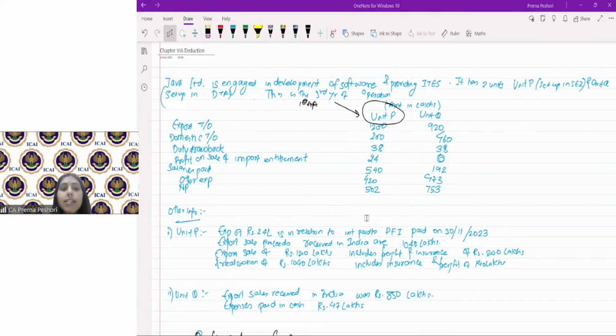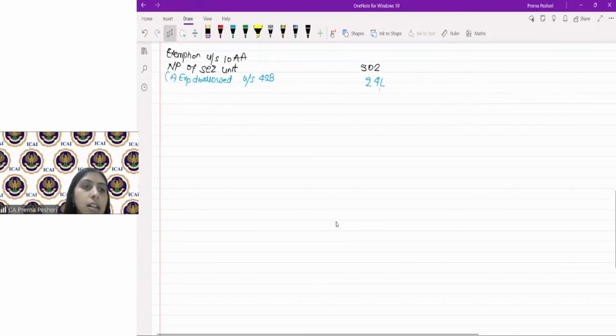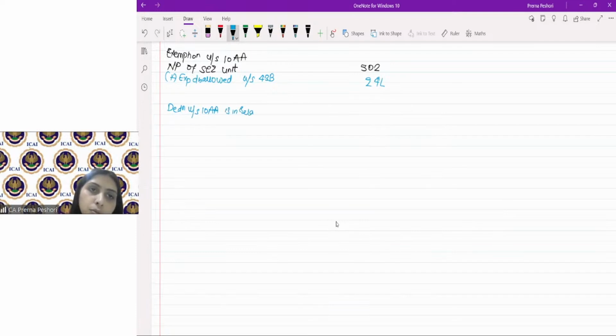So, my deduction under section 10AA is in relation to profit derived, profit which is derived by the eligible undertaking.